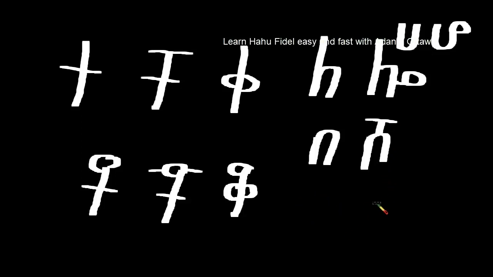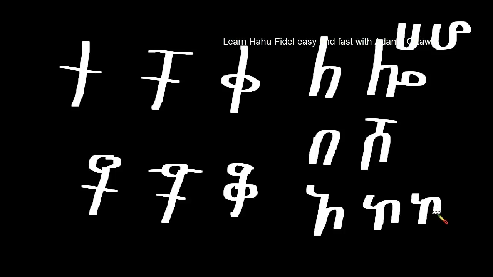Even the three-legged Hahu Fidels have the same ending. Like, let me do this one. O like this. Ko like this. Ho like this. Because they are two-legged, they have the same ending like that. Okay. Even the three-legged one I said, see, ha, ta.